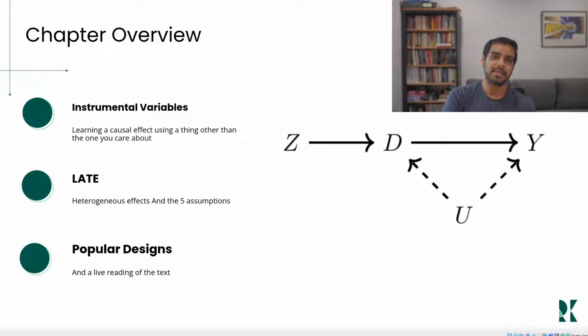Does methamphetamine availability affect foster care? Other examples were, does Medicare affect health outcomes? There were a lot of these examples through the chapter, which was really, really good.